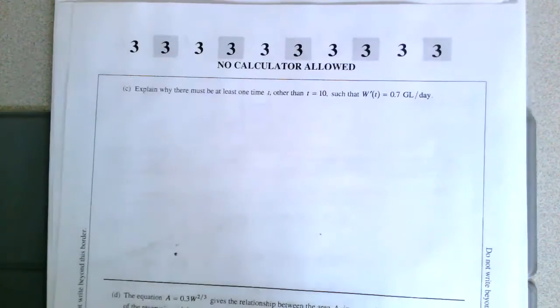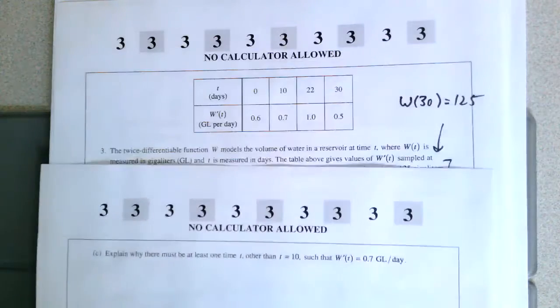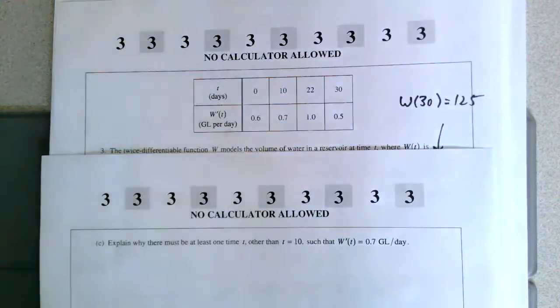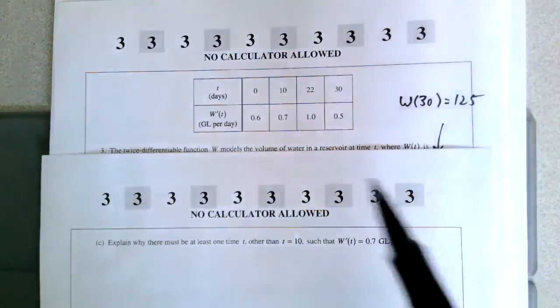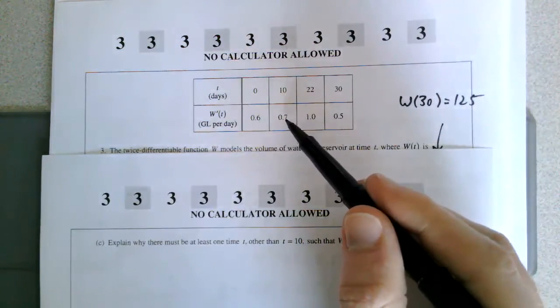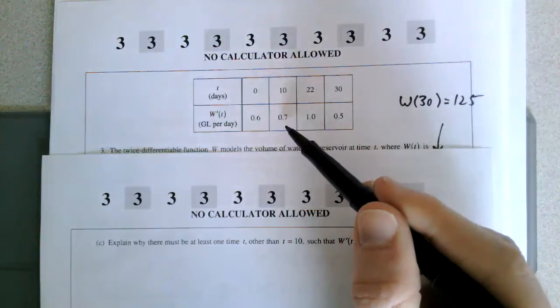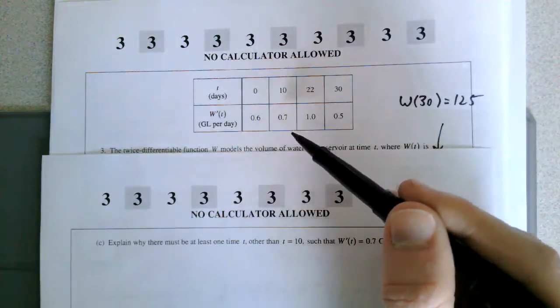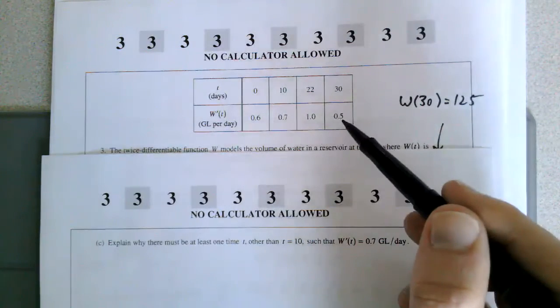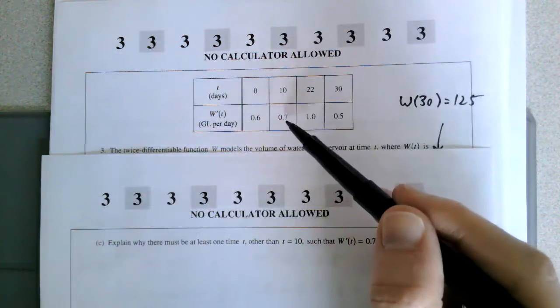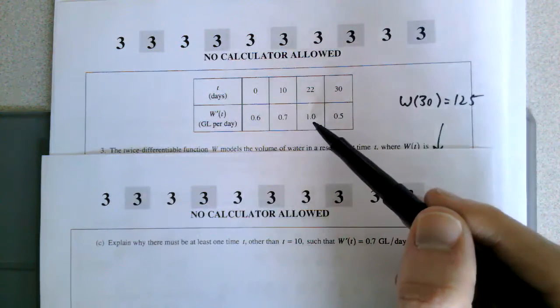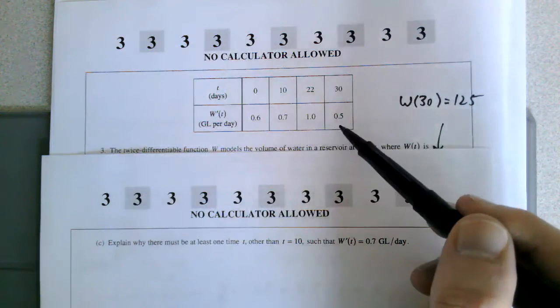Now, what exactly can I say here? Well, if you think about it, W prime 10 days in is equal to 0.7. And if you look at the following values, it's going to have to equal 0.7 again later on, because at day 10, it starts at 0.7, then it goes up to 1, and then it comes back down to 0.5.